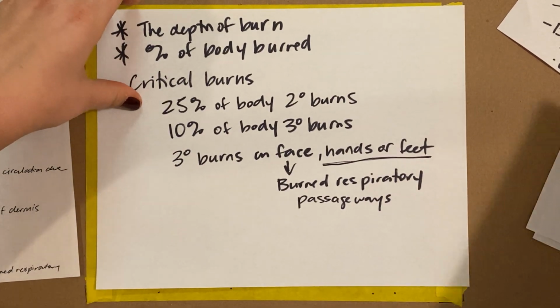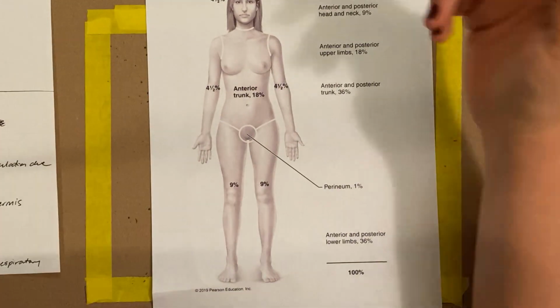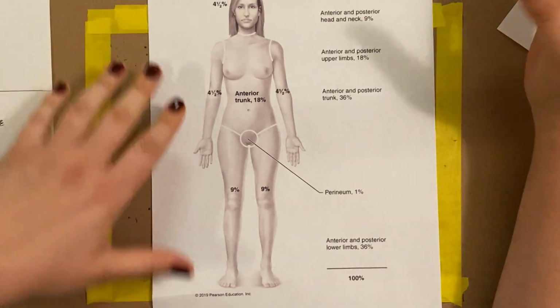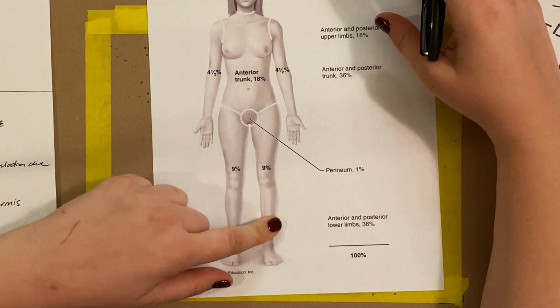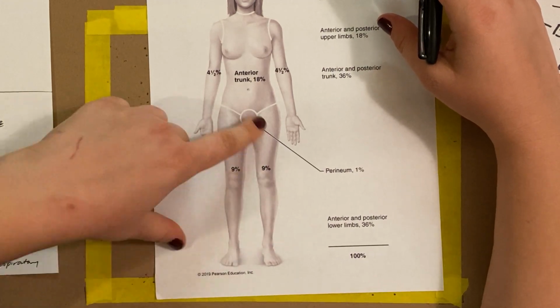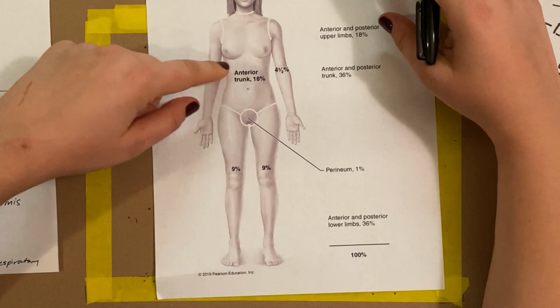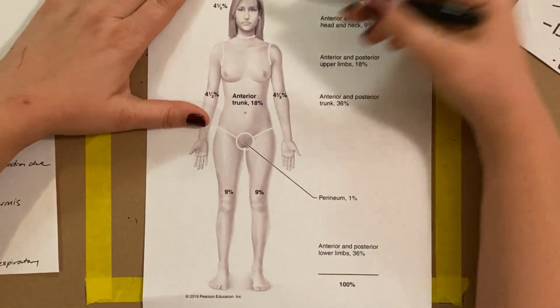Just a little bit about how they look at the body, and they call this the rule of nines. So different areas of the body account for what they consider 9% of the body. So like your leg could be 9%, the other leg on the front is 9%, on the back is 9%. And so they can calculate the percentage of the body that has been burned based on the different regions.